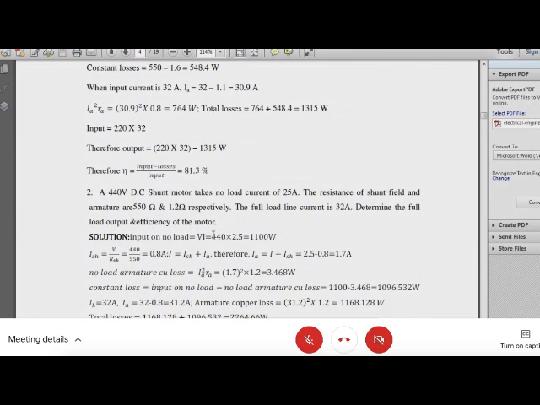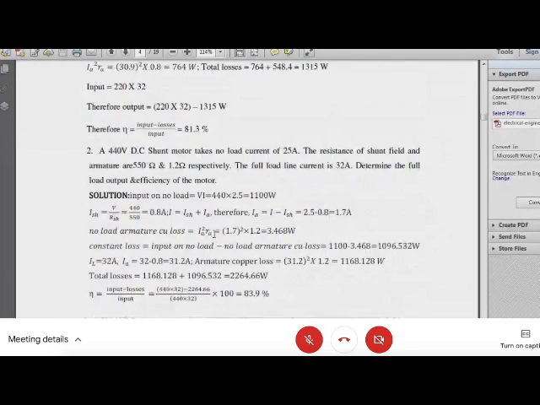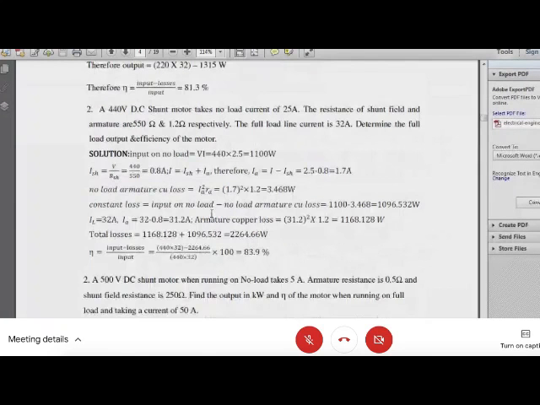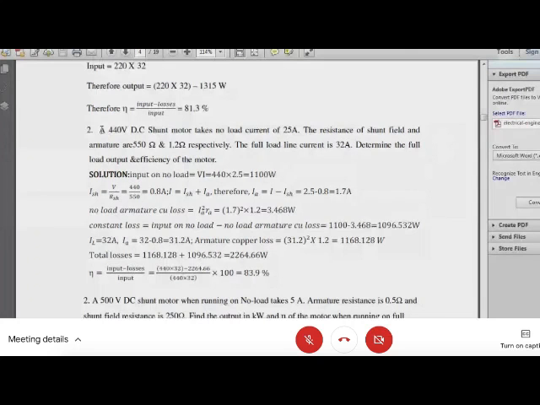Is that understood? Yes, sir. On similar lines, I want you to do this. You please copy down the problem now, then work out later. Okay? Yes, sir.